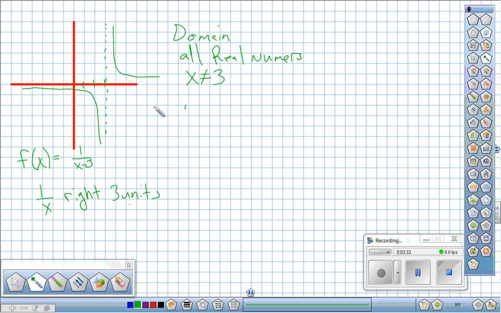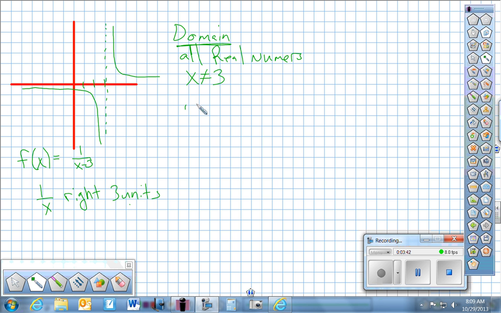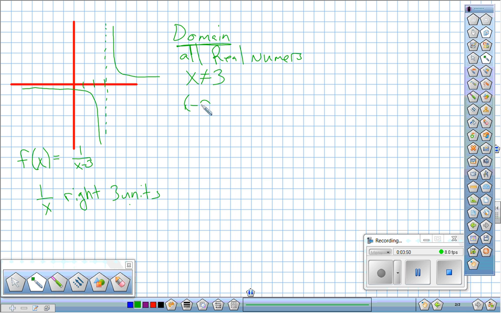So you can always take whatever is in your denominator to find the domain when it asks you to find domain. If this one asked you to write it in interval notation, it would be negative infinity to 3, 3 is not included, union with 3 to positive infinity.